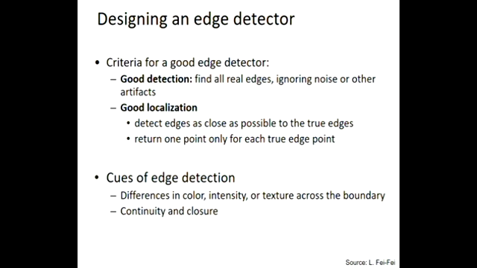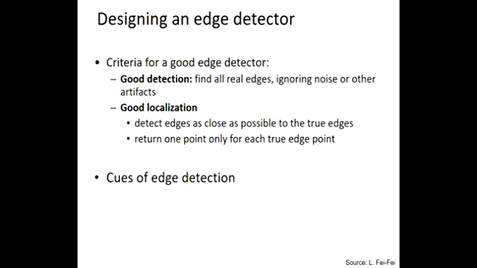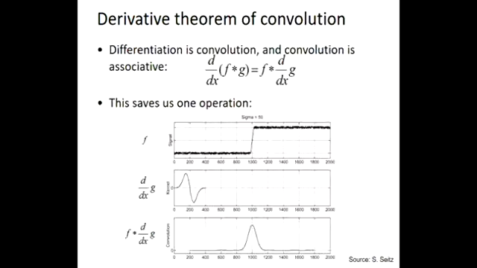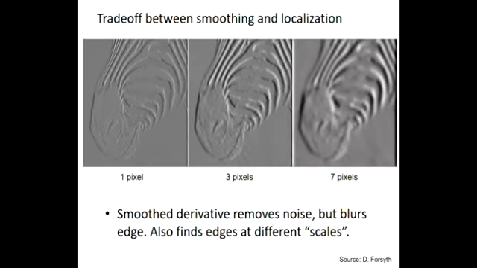Question: what is meant by returning only one point for each true edge point? I can illustrate it a little bit later, but let's go back to this. Let's say that we threshold this for very high and low values.